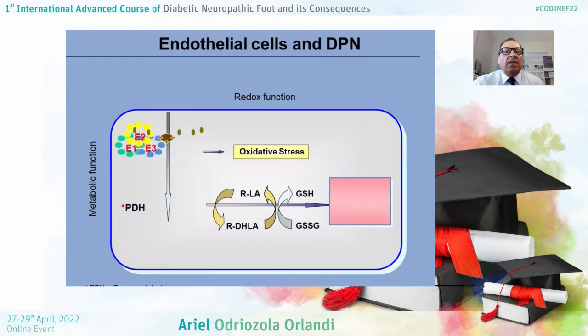Here you can see the redox function in the endothelial cell, and what would be the behavior of the endothelial cell in the face of this systemic metabolic alteration? Well, these cells have a limited metabolic capacity to supply glucose.